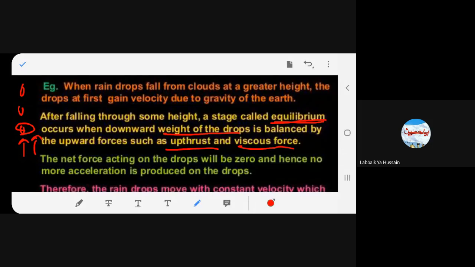It is balanced. So what happens? The net force, the downward force and the upward force, balances and becomes zero. No more acceleration. That means the velocity of the raindrops coming down to the ground does not change. It remains the same as it started earlier. Hope you have understood.